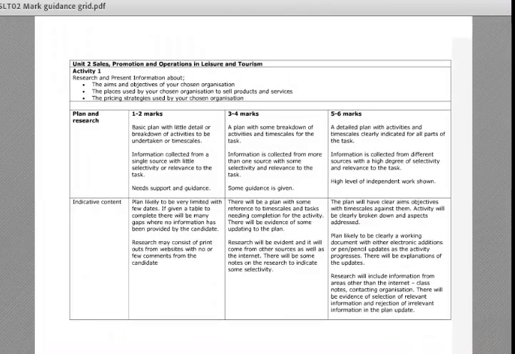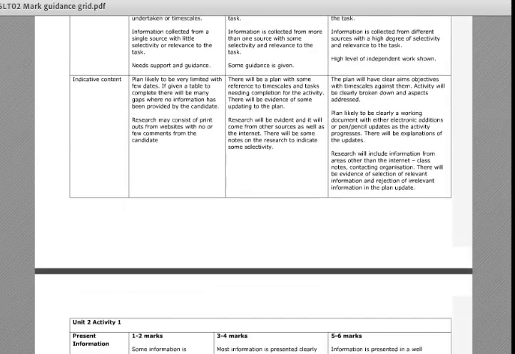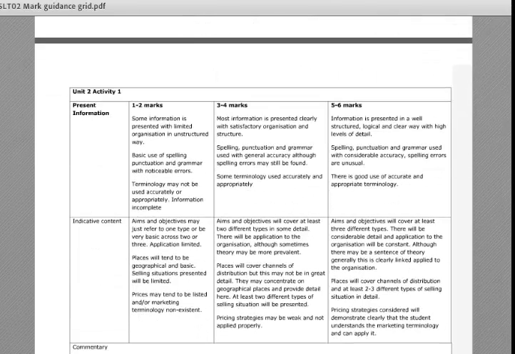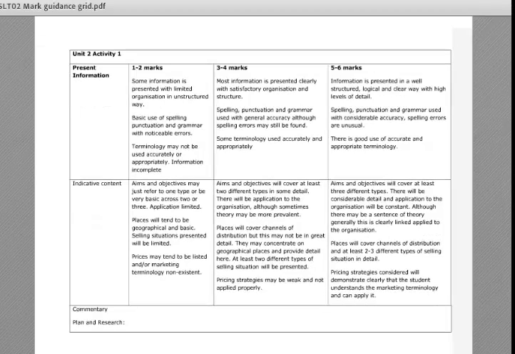Now if I make this full screen again, you can see this is the mark grid. So hopefully this will help you because you've got indicative content for each section. Here under the present information, if you were going to award it 5 to 6 marks, the aims and objectives would cover at least 3 different types, in considerable detail, with application of theory, generally linked and applied to the organisation.